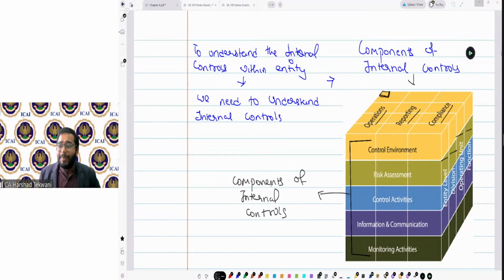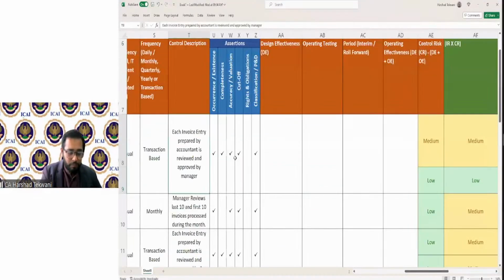Management philosophy and operating style, how management is following the controls, kind of tone at the top. Organizational structure, assignment of authority, responsibility, human resource policies, all these together make a control environment, the first component of internal control.